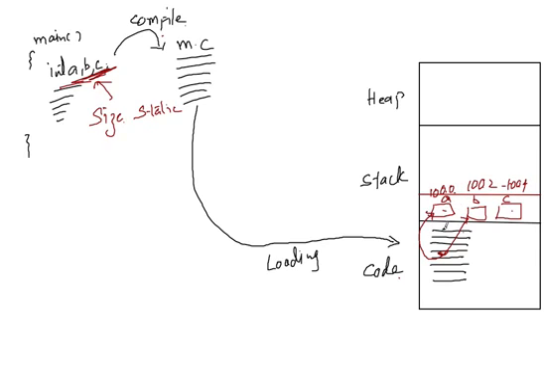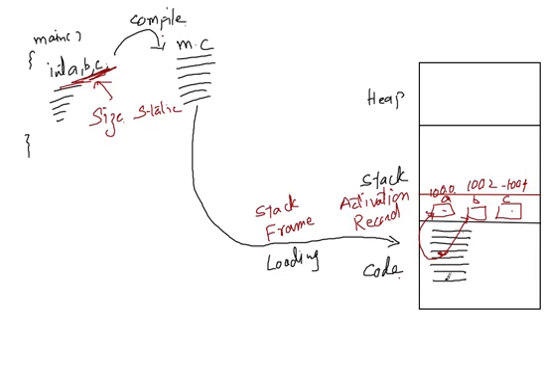The block of memory allocated for this particular function, the main function, is called the activation record, and is also called the stack frame. So the stack frame for main is created, and that can be directly accessed by the main function.